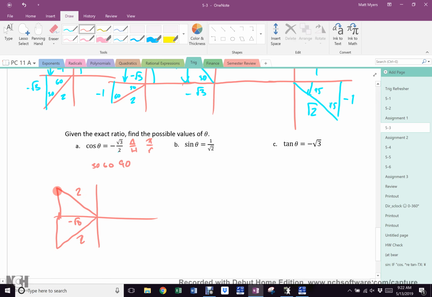Correct? So what is this automatically? I've got root 3 and 2. What's this? 1. What's this? Negative 1. What's across from the shortest leg? 30, 60, or 90? 30. So what is this right here? 30. What is this in here? 30. Thank you, Jack.